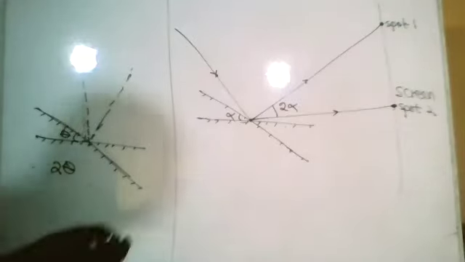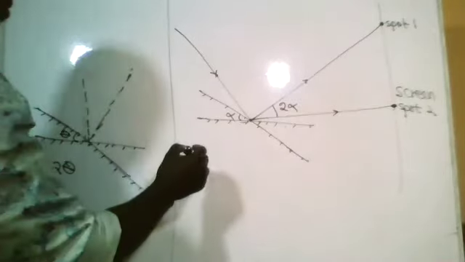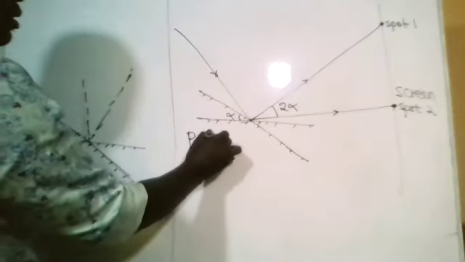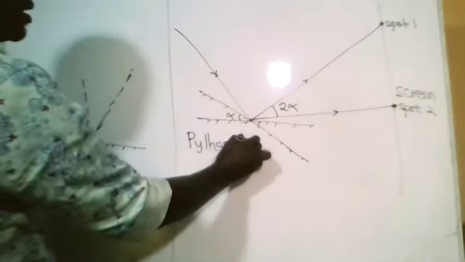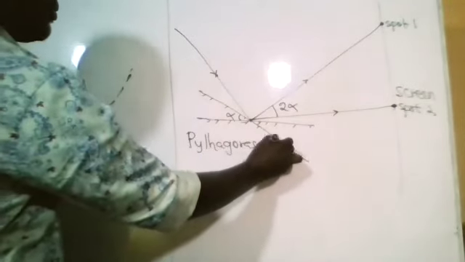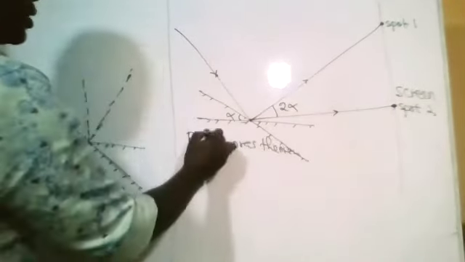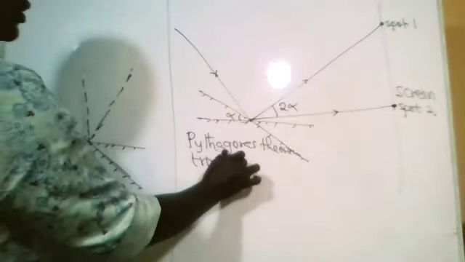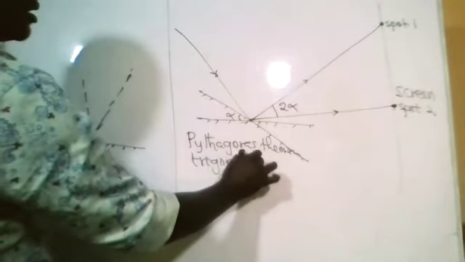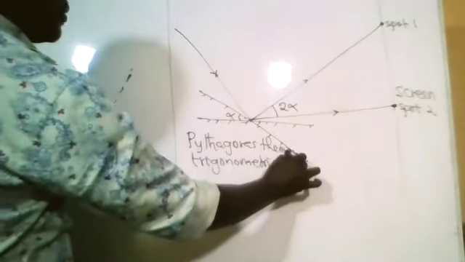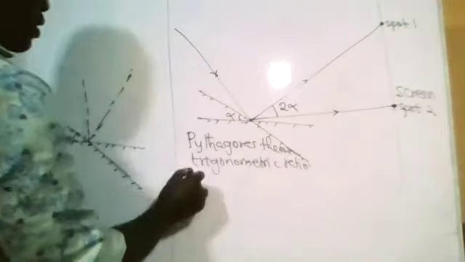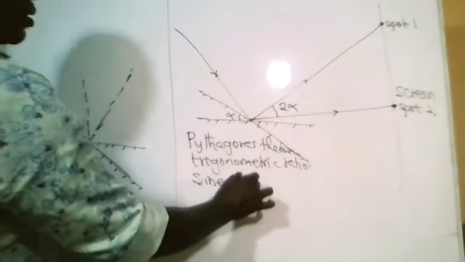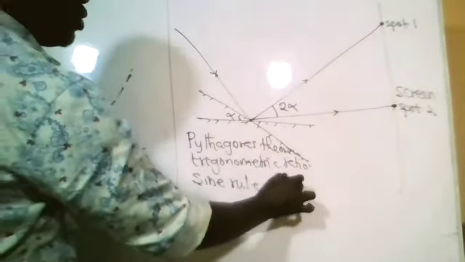And you can do this using either Pythagoras theorem, trigonometric ratios, or the sine rule, or cosine rule.